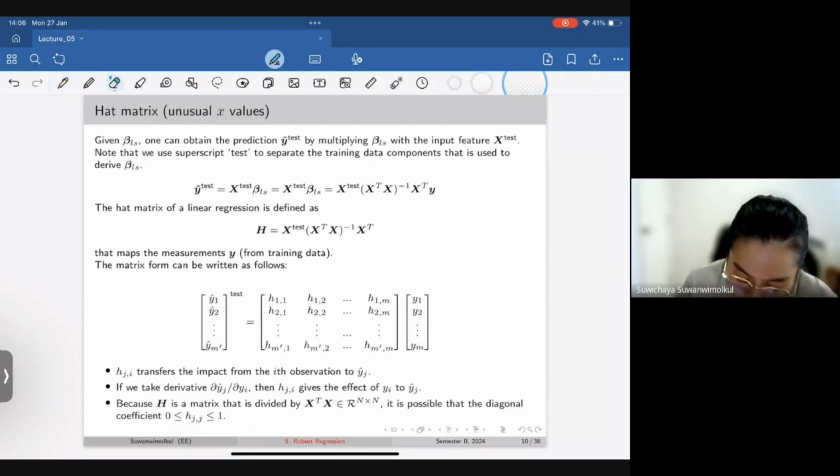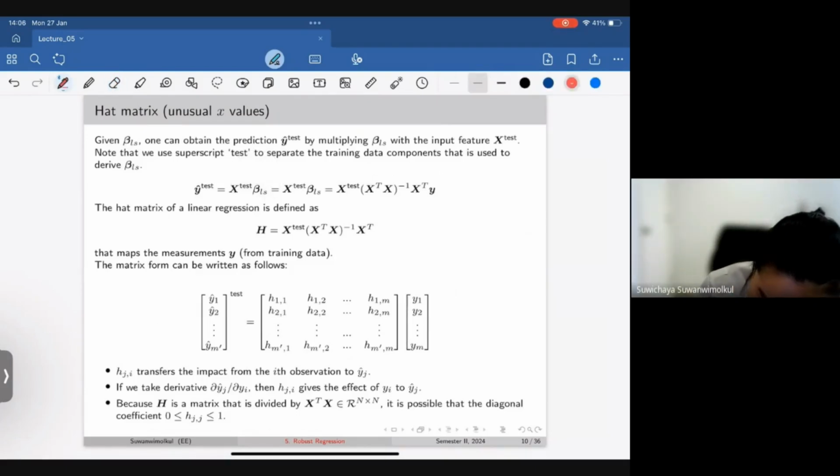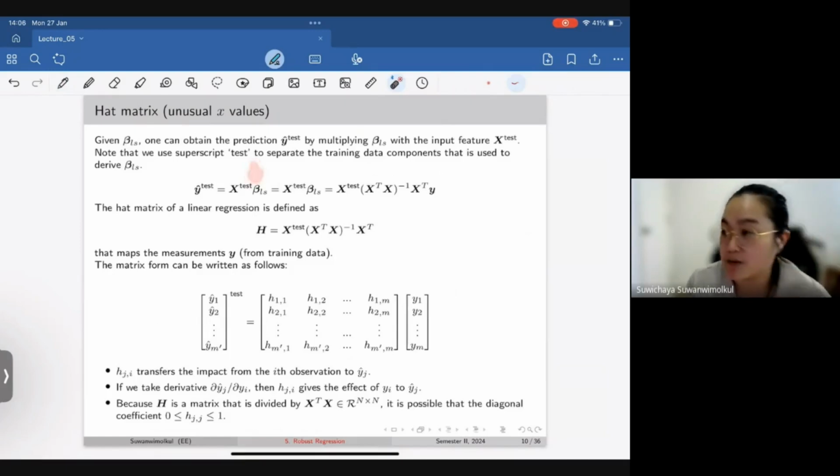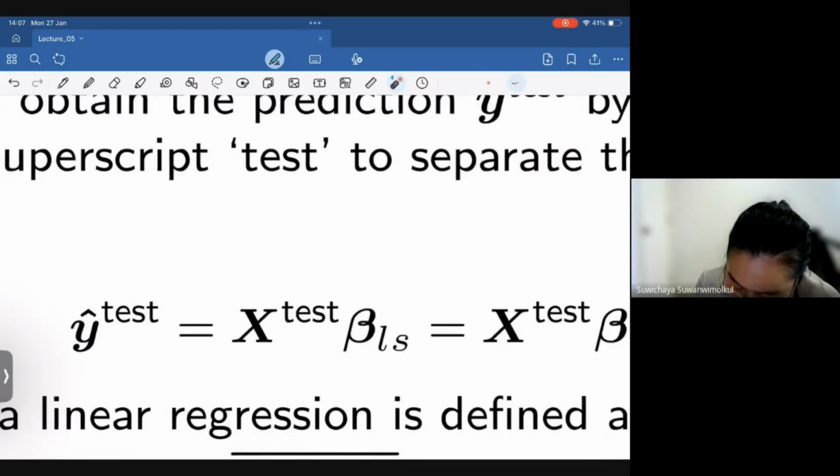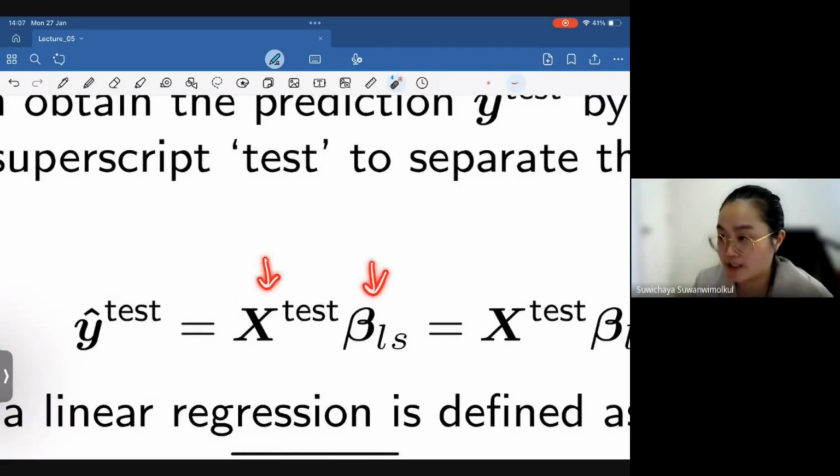Okay, so what we did is look at the final ends where we have this beta ls that we've learned from our system and use it with our testing. Notice that when we multiply these two together, we actually make two assumptions.